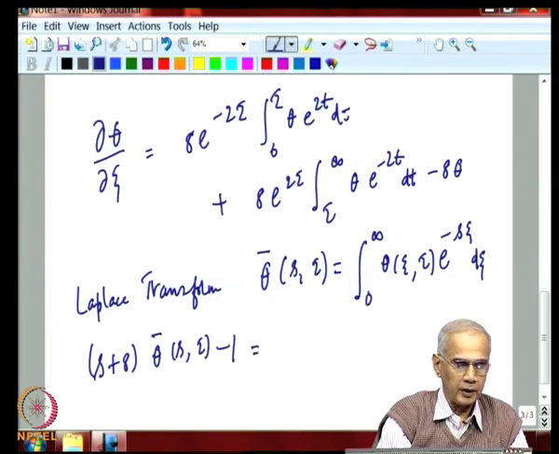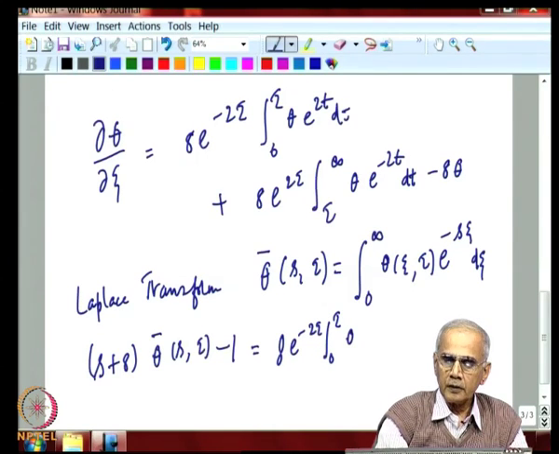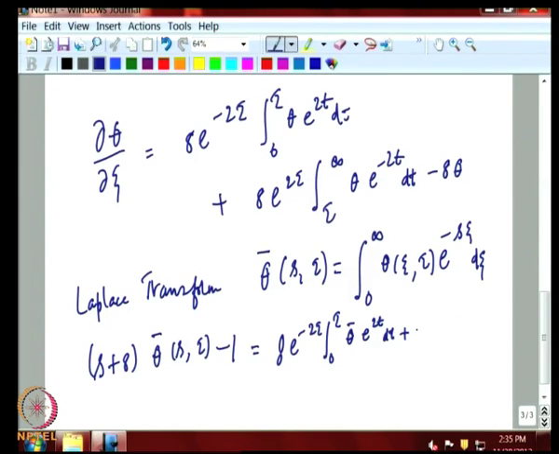and the right hand side becomes theta 8 e to the power of minus 2 tau, integral from 0 to tau of theta bar e to the power of 2 t dt, plus 8 e to the power of 2 tau, integral from tau to infinity of theta bar e to the power of minus 2 t dt.